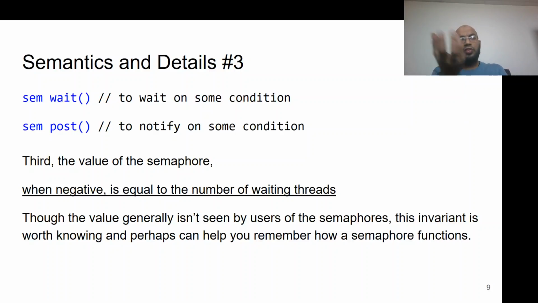If the value of the semaphore is 0, then that means that there are no threads waiting for the semaphore to become available. But if the value of the semaphore is -10, then there are 10 threads waiting for that resource to become available. And when semaphore post gets called by the thread that has the semaphore, this value of -10 will be incremented by 1, so it will become -9 once one of the threads acquires the semaphore.